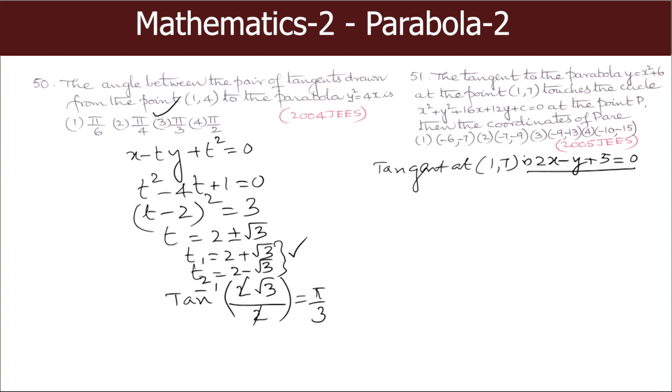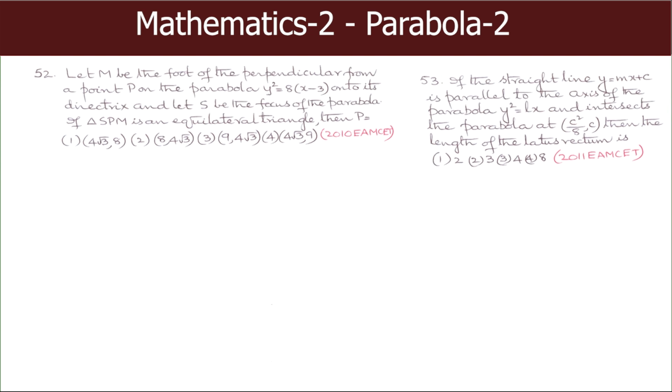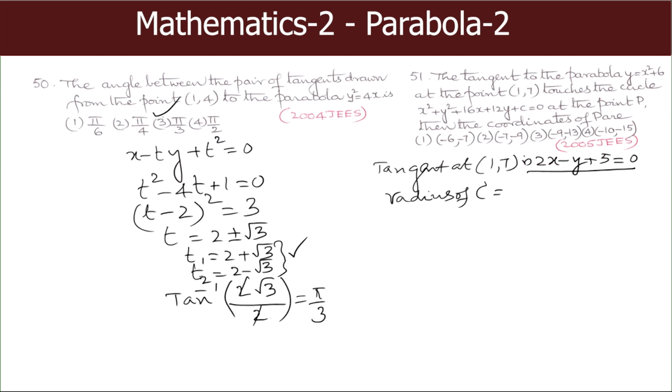This is the tangent. This line touches the circle again, so this gives the radius. The radius of the circle is the distance of the center (-8, -6) from this line, by root 5.